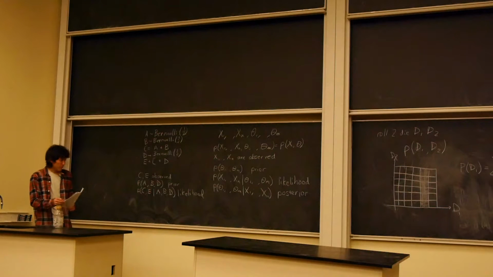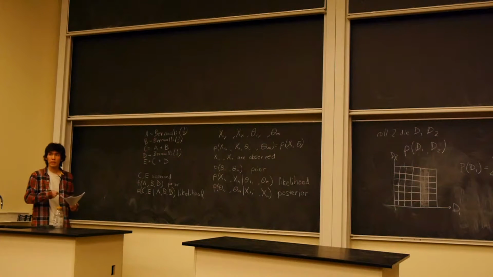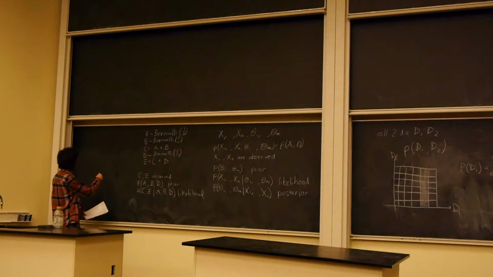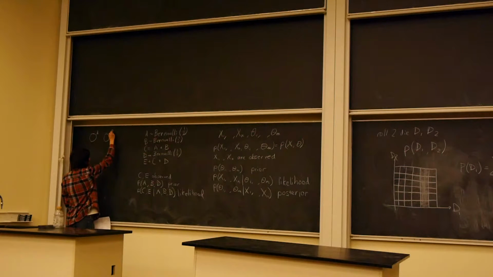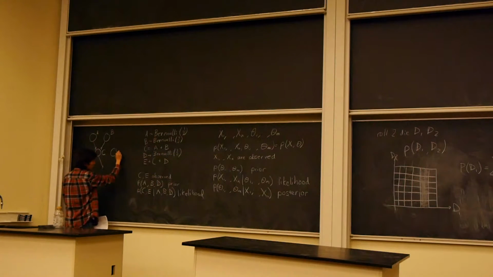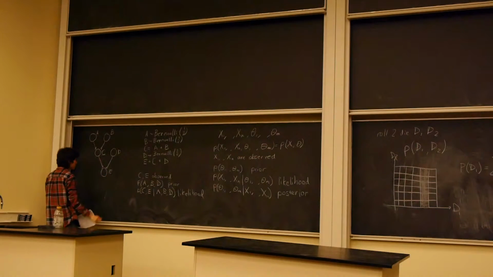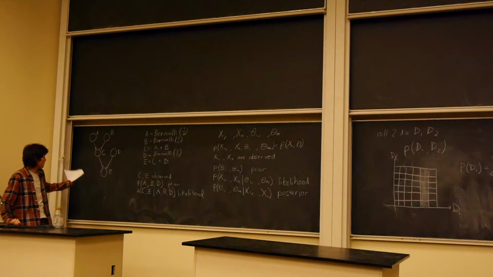Okay, so this is nice, but there's a pretty convenient way to represent this graphically. And I'm just going to draw it here. So this is a Bayesian network. It's a particular kind of graphical model.